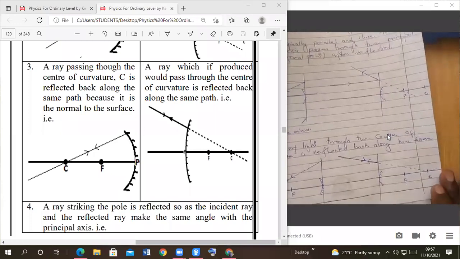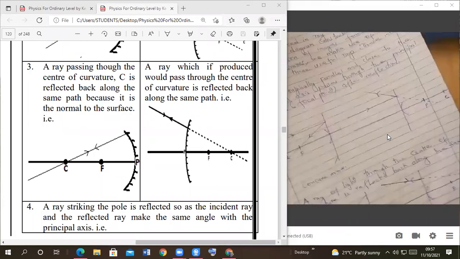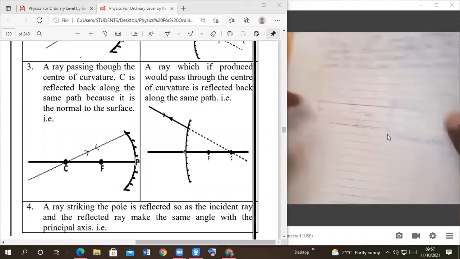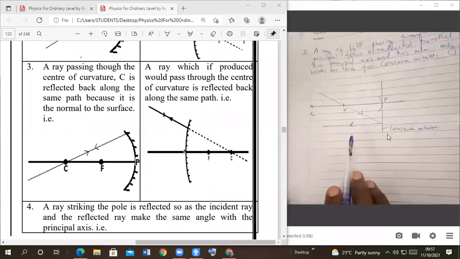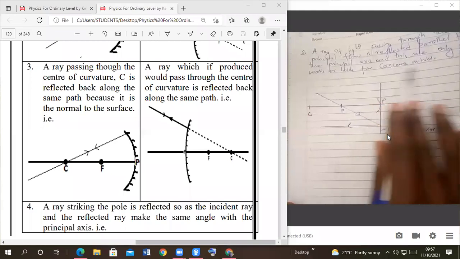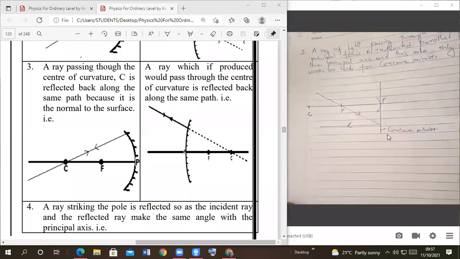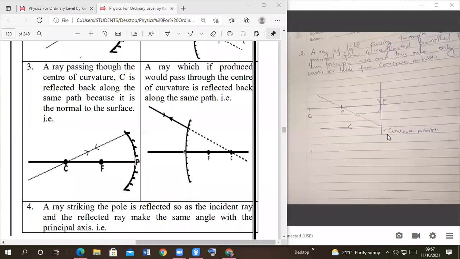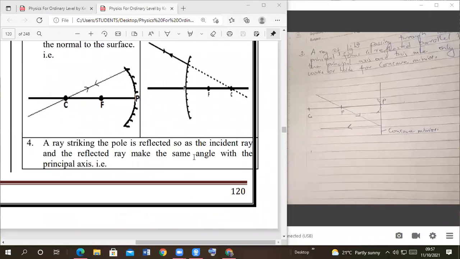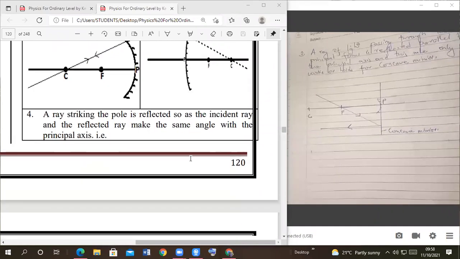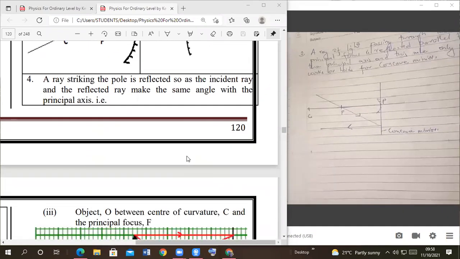That's why the third rule does not apply for convex. It is only applicable for a concave mirror. Are we together? There are only 3.